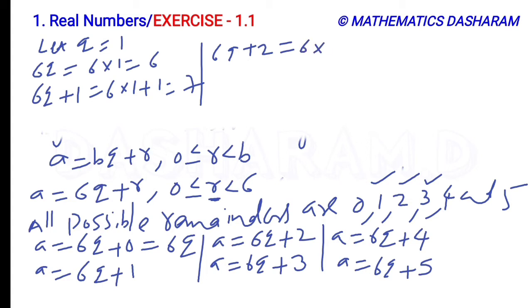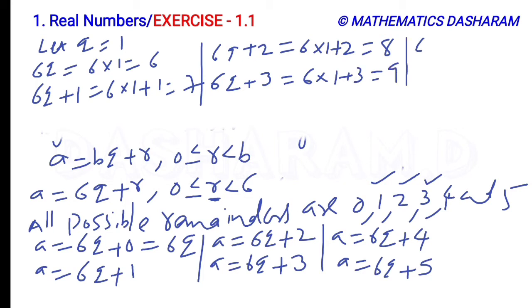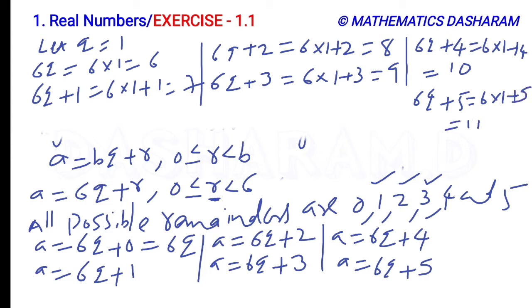So 6 into 1 plus 2, how much? 8. Next, 6q plus 3. 6 into 1 plus 3 is 9. Next, 6q plus 4. 6 into 1 plus 4, that is 10. Next, 6q plus 5. 6 into 1 plus 5, that is 11.